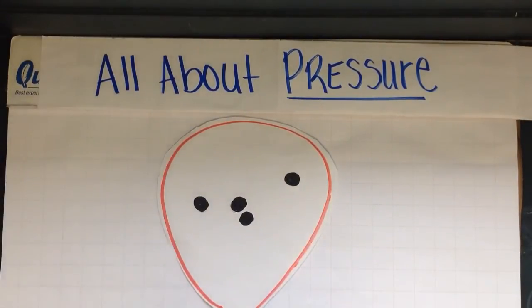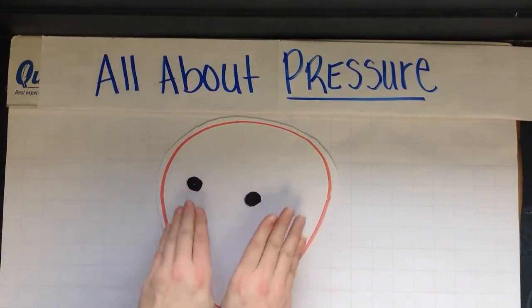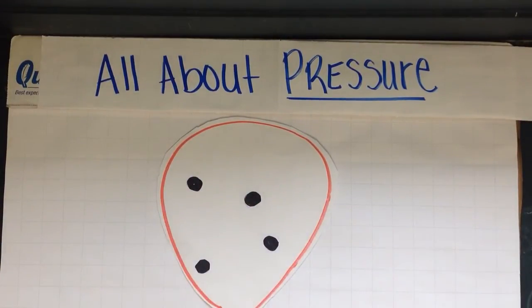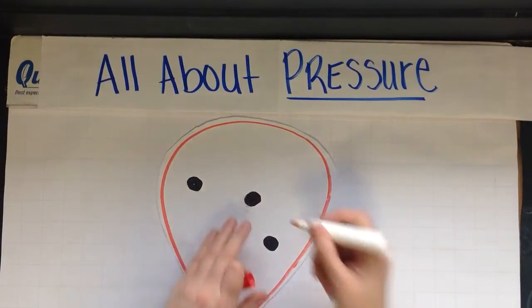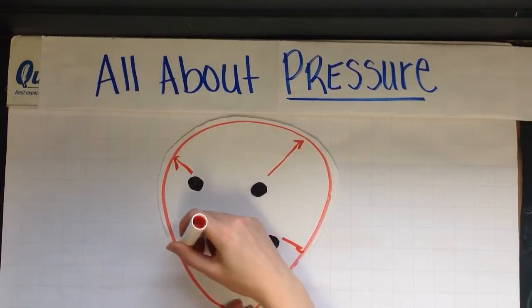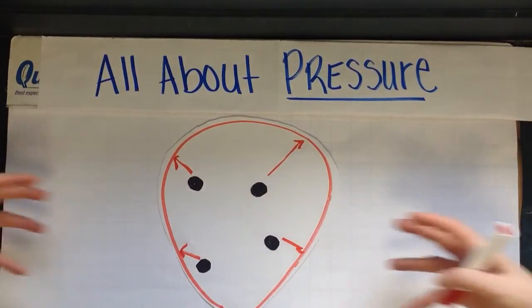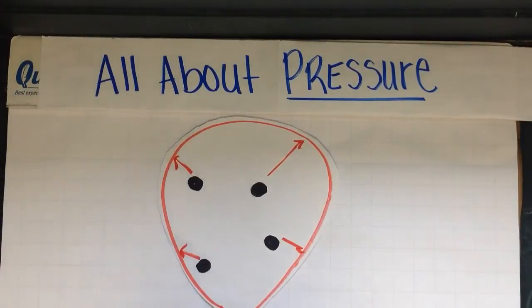While these gas molecules moving around fast are exerting a pressure on the balloon, right? Exerting a pressure on the balloon, there's something else pushing on the balloon from the outside. And hopefully you guessed it.